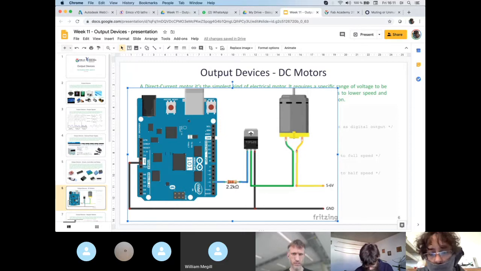So the connection looks rather simple here. Because of the current that can pass through the MOSFET or the transistor, here you have a heatsink. Sometimes this device can even melt or burn down if you don't provide enough cooling. So in the datasheet, you find information about the MOSFET or transistor heatsink.